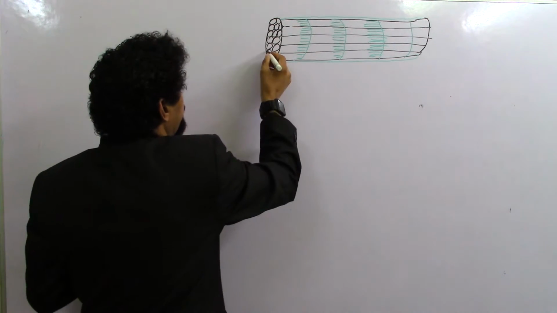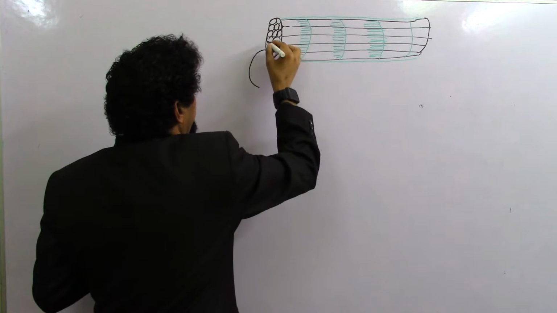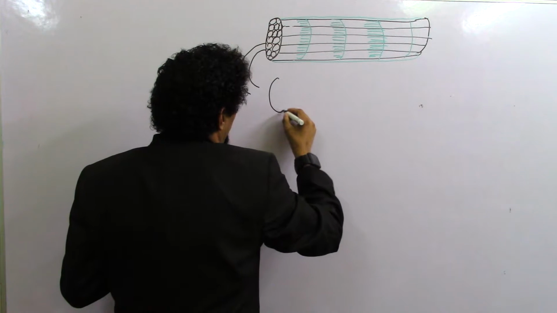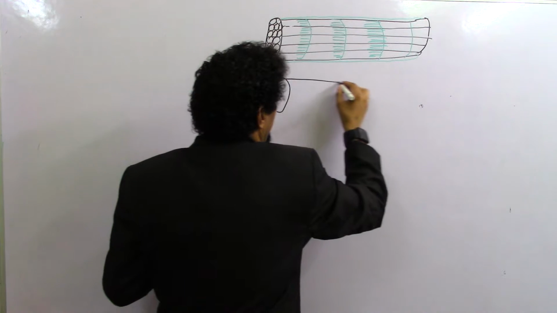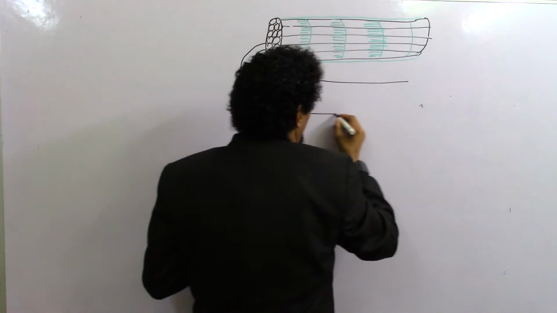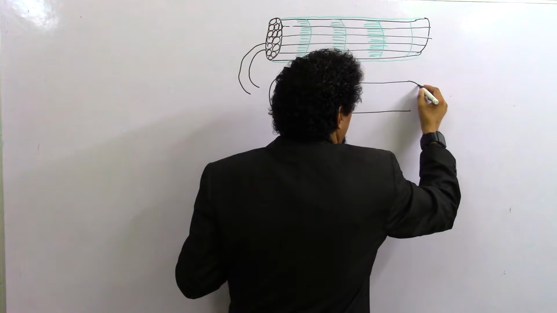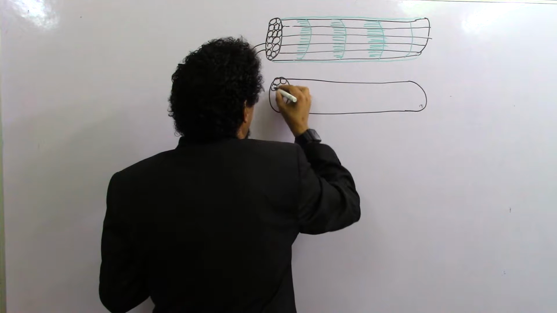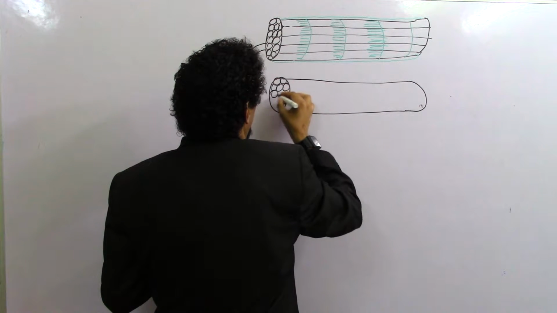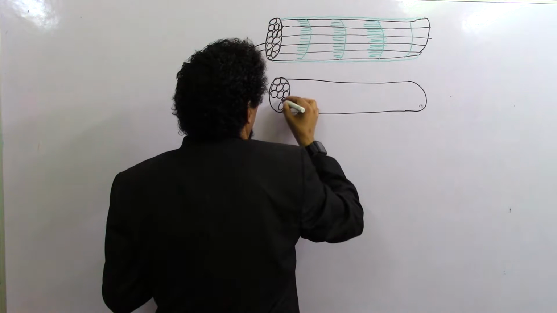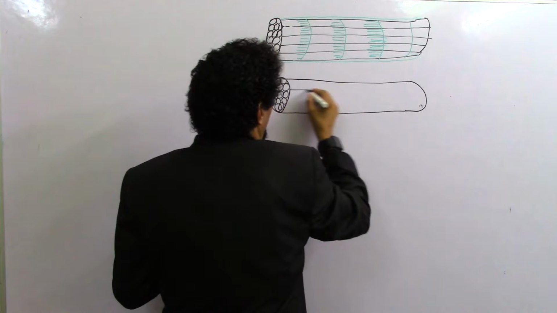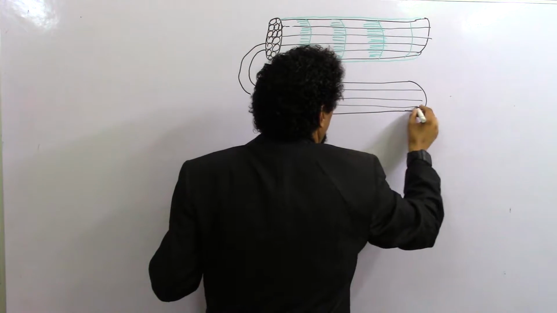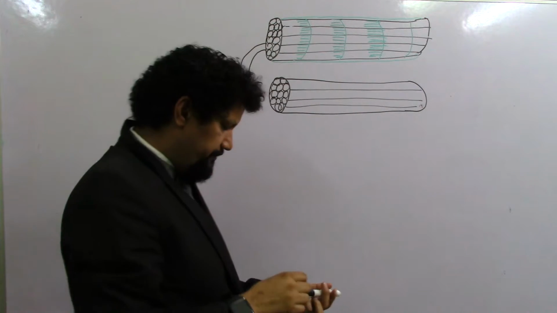Here I will draw the fasciculus, which is again formed by the collection of the myofiber or the muscle cell or the myocyte, and it is also transversely striated.